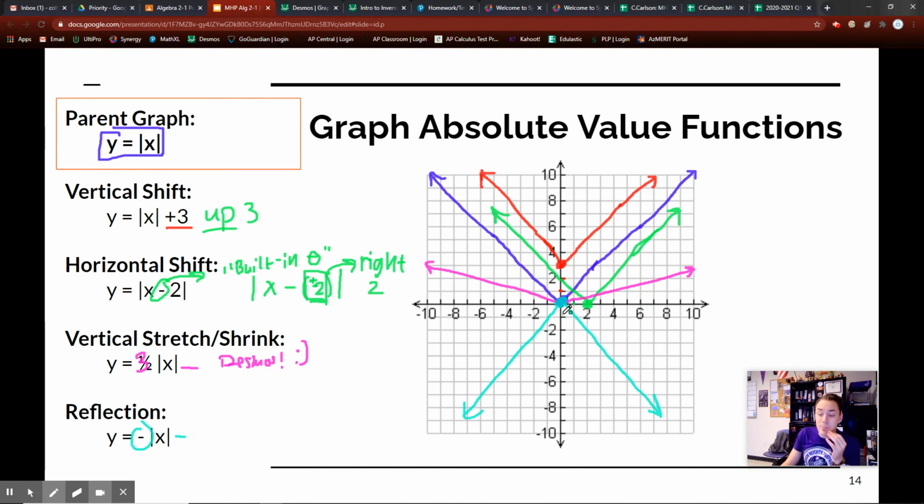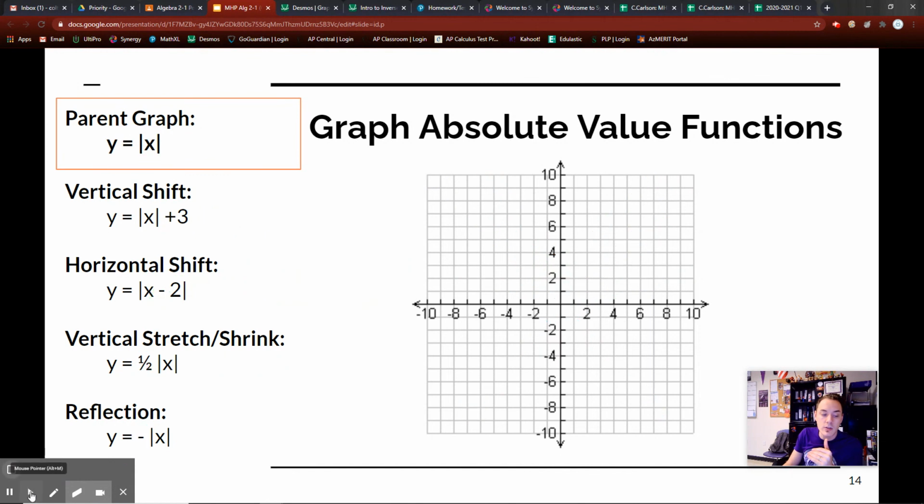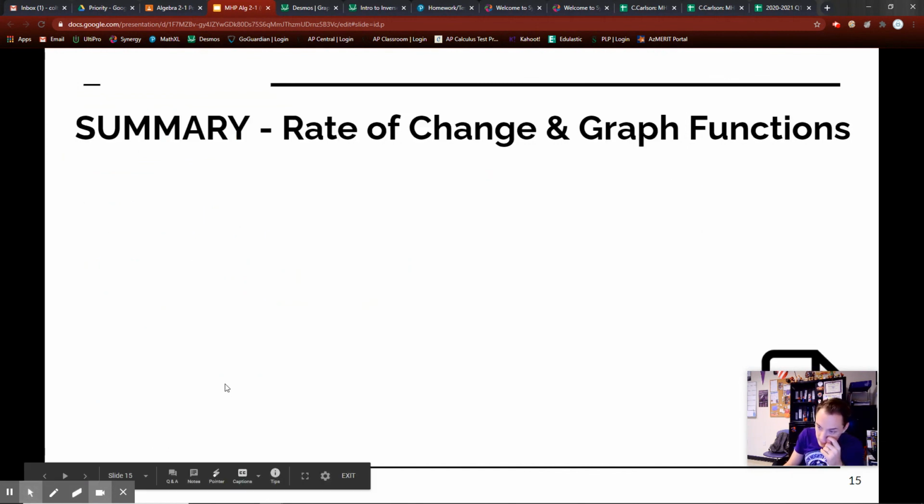This is the basics of transformations. In Algebra 2.2, we actually get into a lot more transformations. Same thing in the quadratic unit, Unit 3 for 2.1. But honestly, guys, it's just that basic.